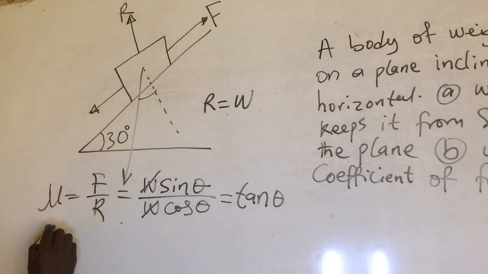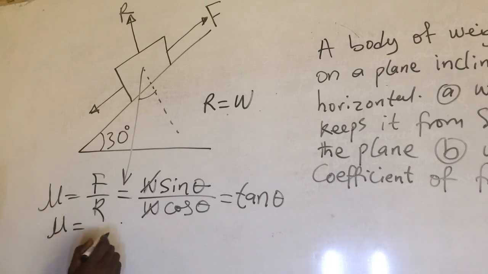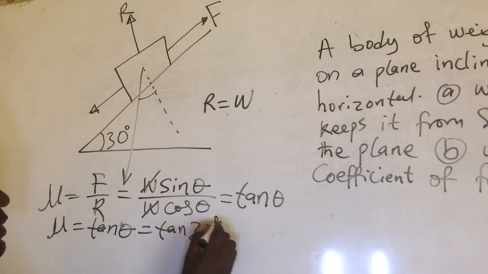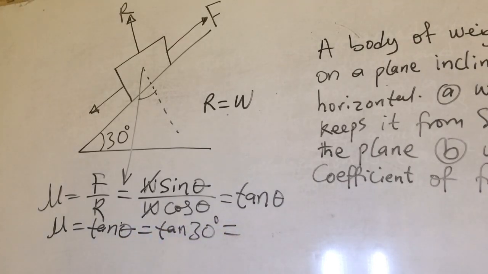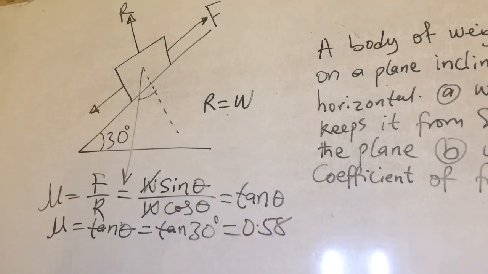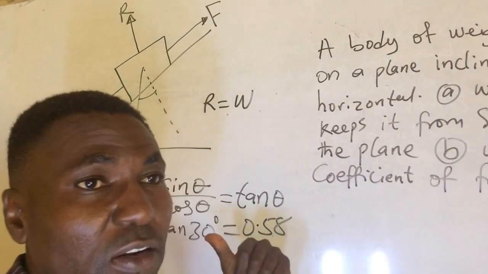So what we have now is mu, the coefficient of friction, equals tan theta, which is tan 30 degrees. When we work with our calculator, tan 30 degrees is approximately 0.58. Now that is the B part of the question. We have succeeded in calculating it.